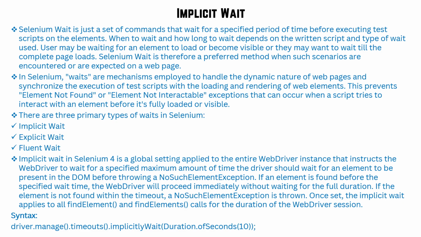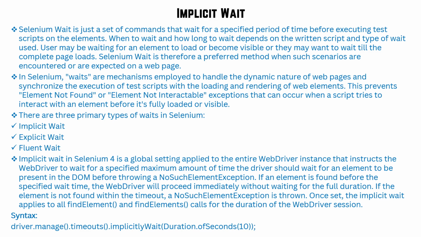Until your page is fully loaded and all elements are loaded, it will wait for 30 seconds maximum. If it is not loaded within 30 seconds, it will fail the test case. Implicit wait works at the browser or driver level, for every page throughout the driver, for every driver object, waiting for that maximum time.